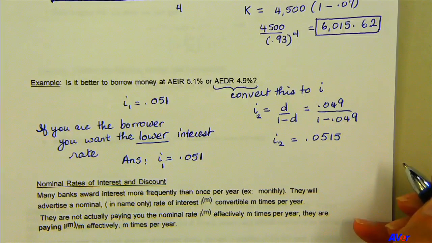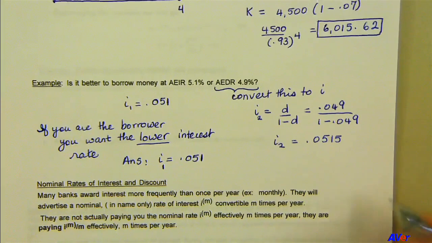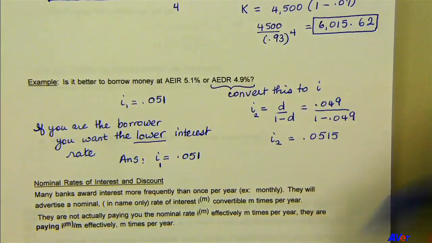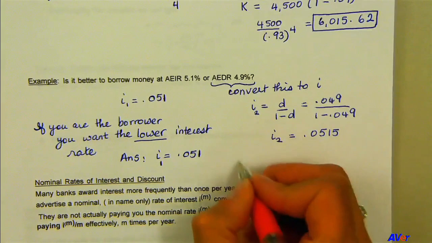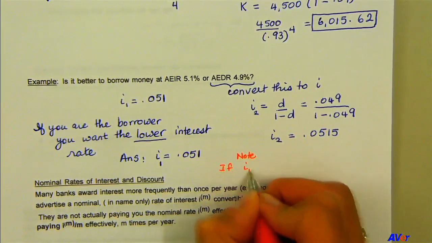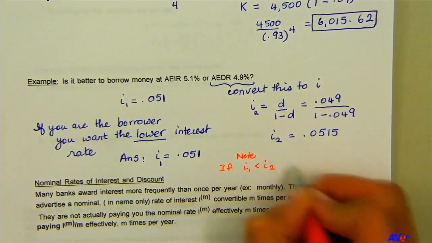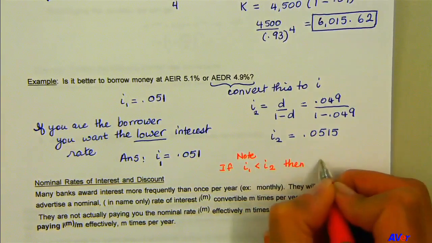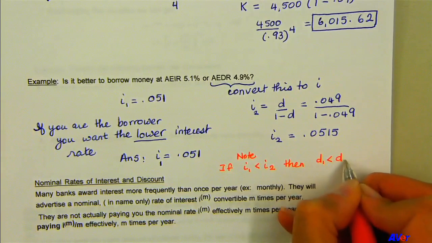We could have also changed everything to d. Instead of changing everything to i, the alternate method would have been to change the i to d. And of course, you would get the same result. So I should say here, note that if i1 is less than i2, then d1 is less than d2.